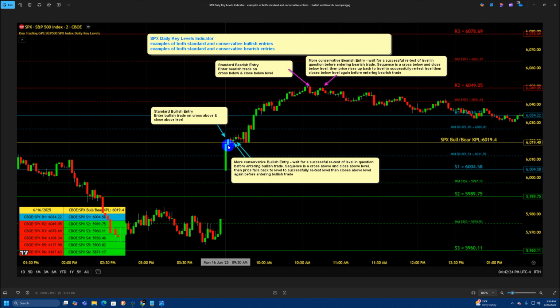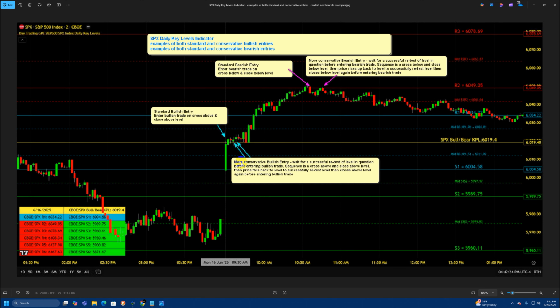So we have a candle, the same candle, crossing above the level in question, in this case the bull bear KPL, but it would not matter what level it's on. Regardless of what level this is, you have a cross above and close above the level. That is your bullish entry on a cross above and close above the level in question.